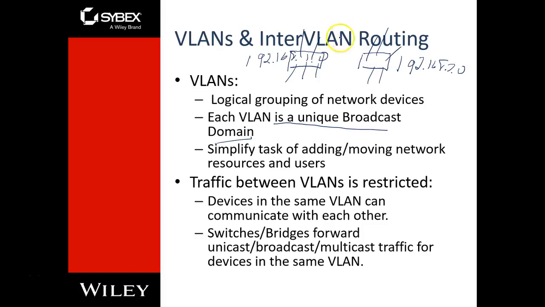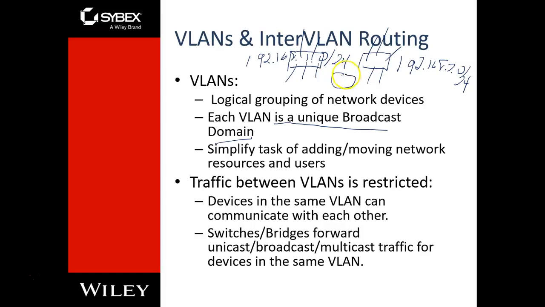And since we're going to make them a 24-bit mask, 255.255.255.0, they're each a unique broadcast domain, are they not? Because this one's broadcast is 192.168.1.255, this one 192.168.2.255. But they're not talking to each other.